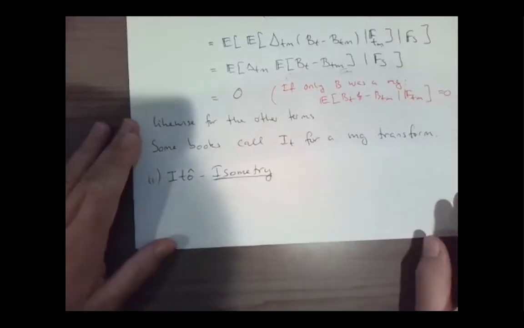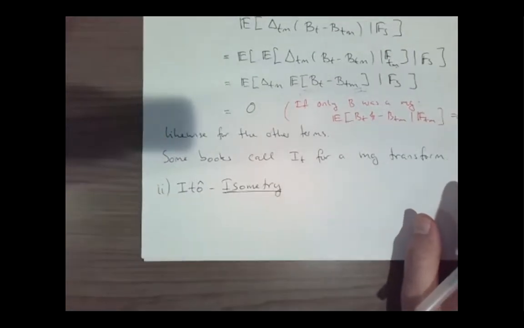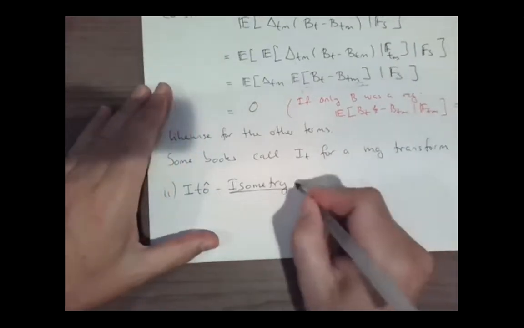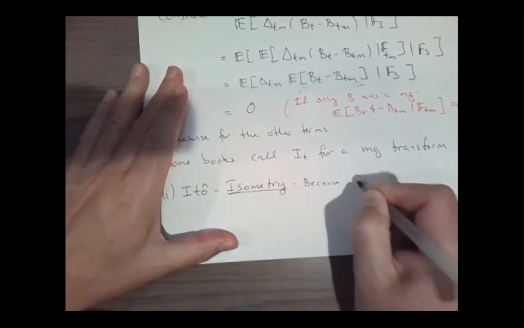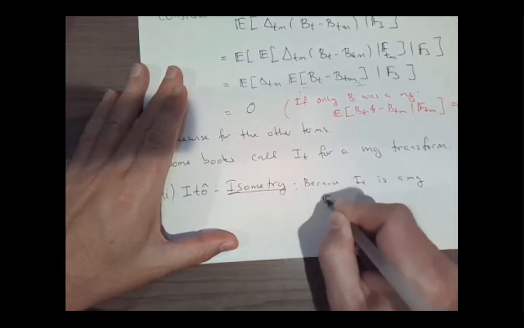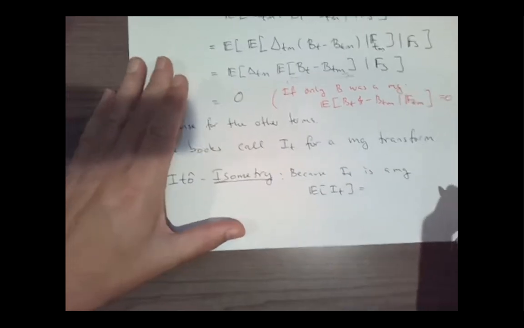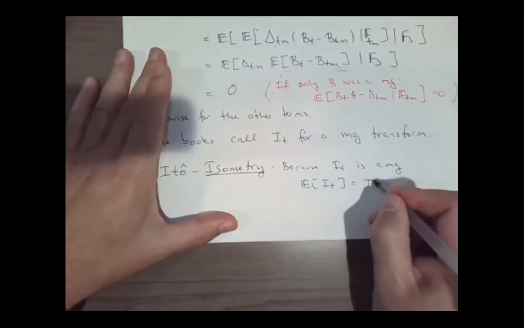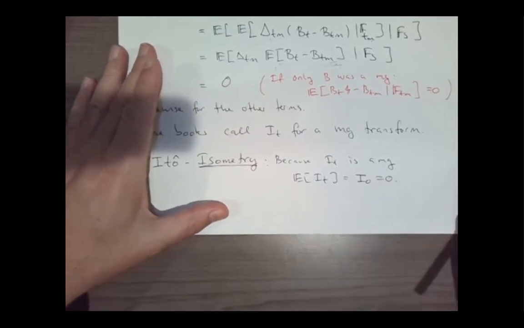Okay, so let's talk about the Ito isometry. We have our M. Because I_t is a martingale, we know that martingales have constant expectations. So the expectation of the Ito integral is pinned down to be the same thing as the initial value, which is 0.